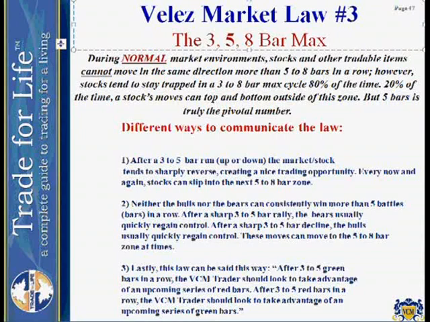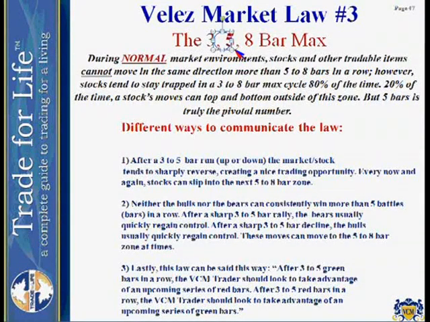So after 3 green bars in a row, you're likely to get a red bar, or the end of that green run will tend to occur somewhere between 3 and 5. Every now and then, you can get a single color run that moves into the next gap. This is gap 1. You can get a swing that moves into the 5 to 8 bar category.